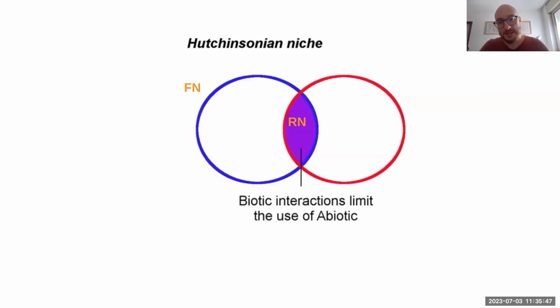Again, if we start from the Hutchinsonian niche concept, we have the Grinnellian niche concept, the blue circle, which is also called in Hutchinsonian terms the fundamental niche. So those are abiotic conditions allowing, in theory, the species to exist independently.